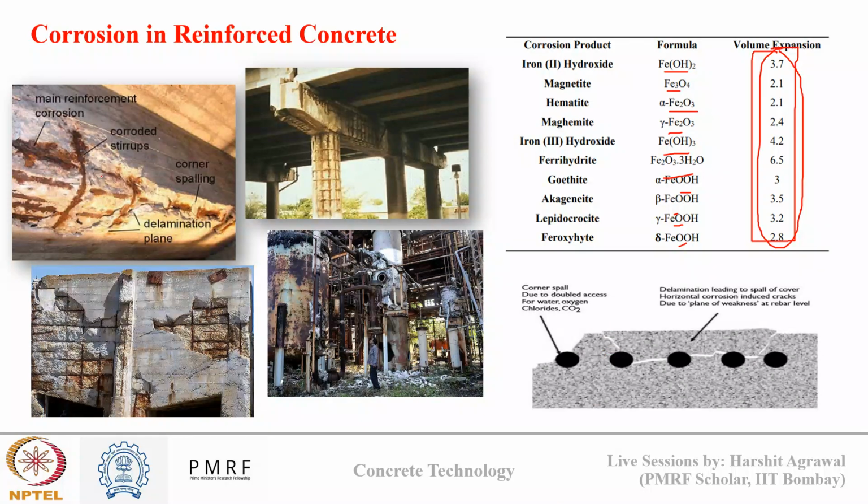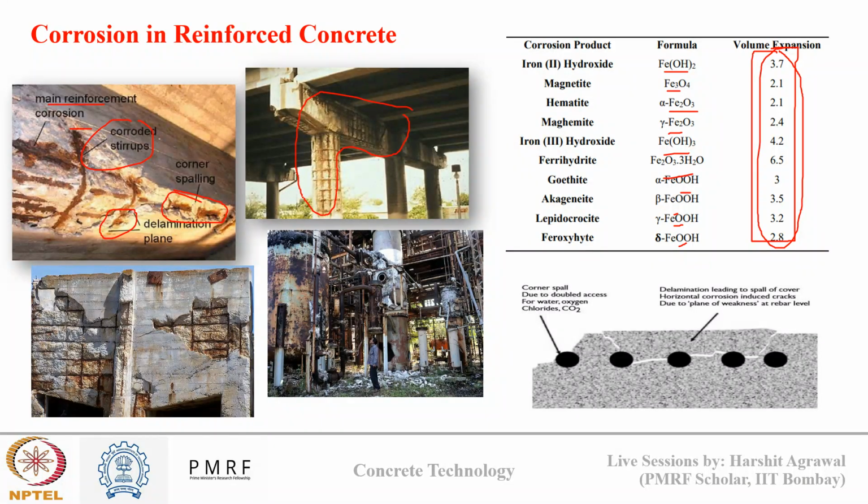So you can see here in the images different ways in which corrosion damage has occurred. Here you can see the corroded stirrups, they are getting exposed. The main stirrup, there's falling of cover concrete due to corrosion, and there's delamination of the steel concrete interface at a high degradation level. Here you can see a bridge pier which is heavily corroded.